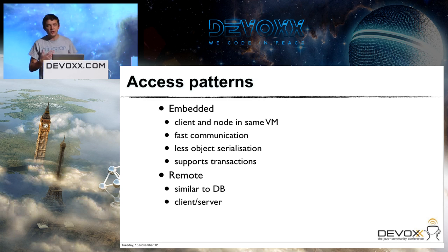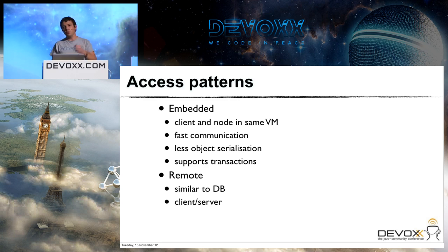But the embedded mode is not always good enough. For example, when you want to consume or access the grid from a client that's not Java and the grid is written in Java. So generally, the data grid products also come with a client-server access pattern, which is a bit like the way a database server is accessed.